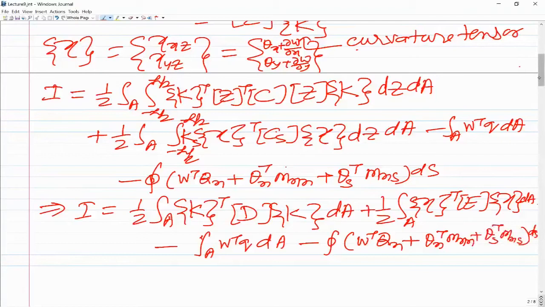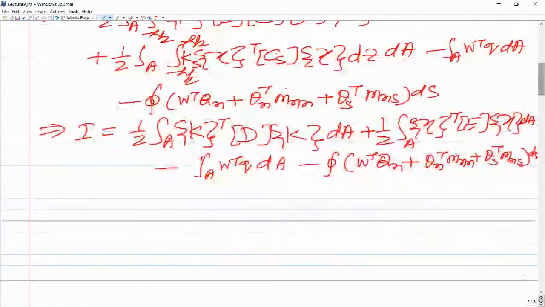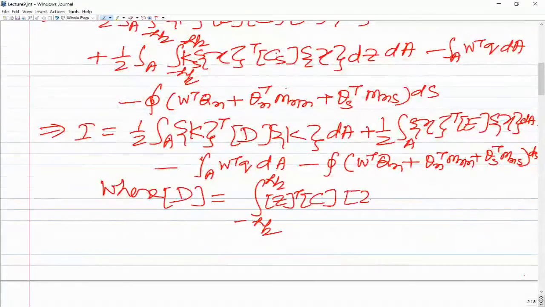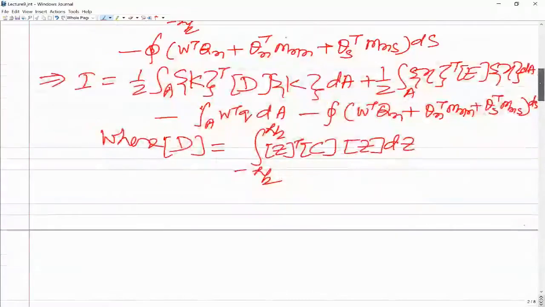So this will be the integral functional. Now, where matrix D is this integration through the thickness, minus h by 2 to plus h by 2, of z transpose into C into z dz. So this will be in terms of E s cube upon 12 (1 minus nu square) and so on.